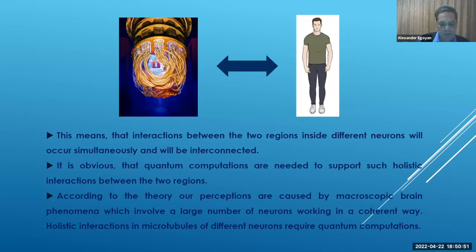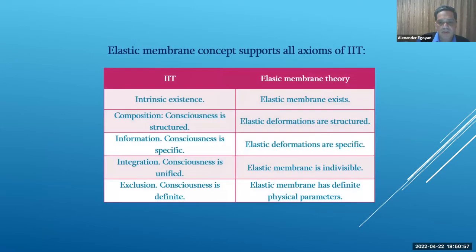Holistic interactions in microtubulus of different neurons require quantum computations. The elastic membrane concept supports all axioms of IIT. Intrinsic existence: the elastic membrane exists. It is a physical object. Consciousness is structured. Elastic deformations are also structured.